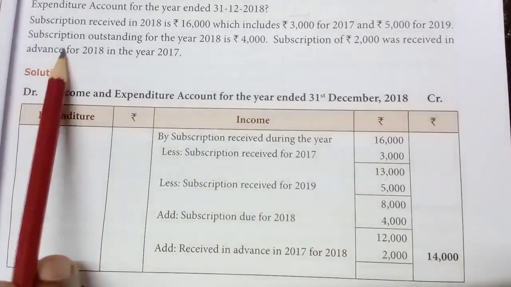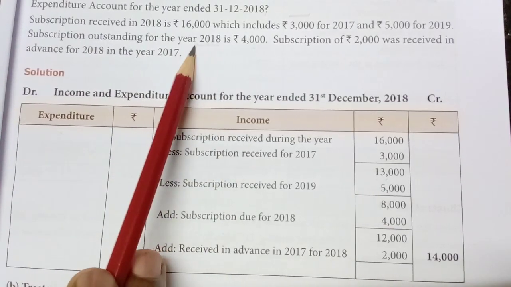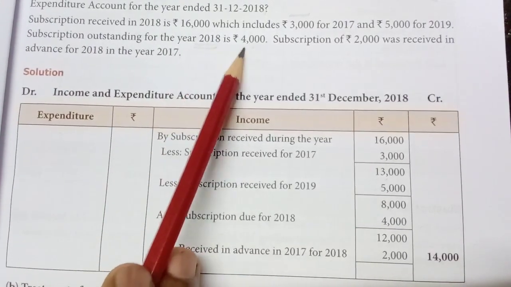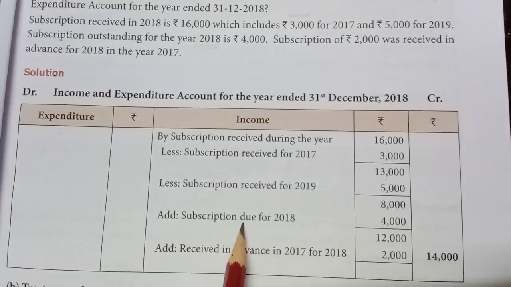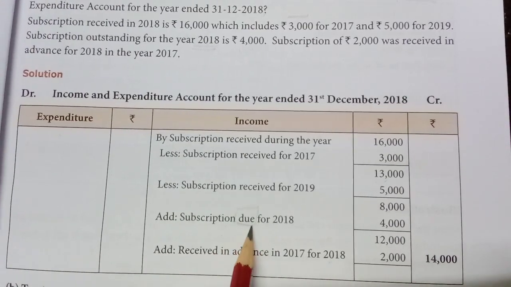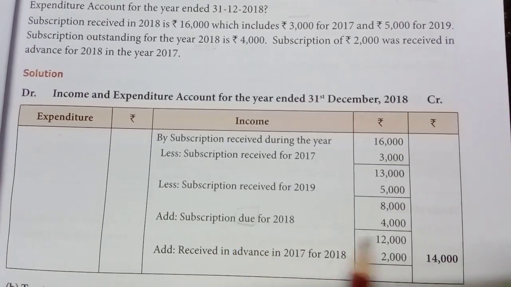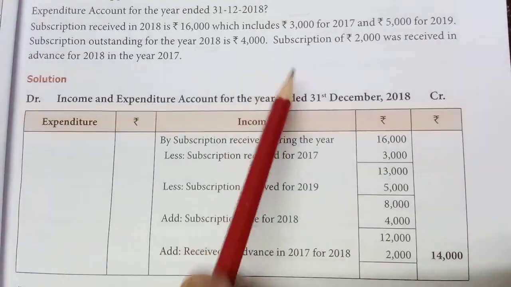Then subscription outstanding for the year 4,000. So this is related to this current year. So we need to add this one. So add subscription due. Due is the other word for outstanding. Understand? You can write due or outstanding. 4,000 we should add. So 12,000.